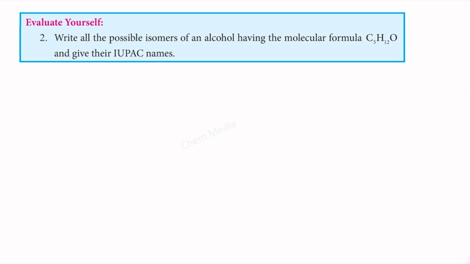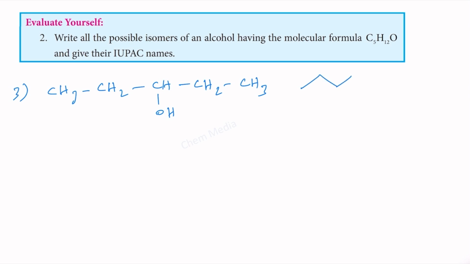And then we can also write pentane 3-ol. Let us move the OH functional group to the third position. Therefore, that is CH3, CH2, CH, OH, and then CH2, CH3. The corresponding structure in bond line notation will be 1, 2, 3, 4, 5, with the OH functional group at 3 position.